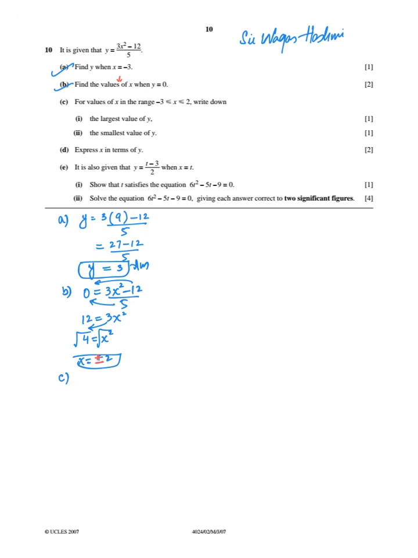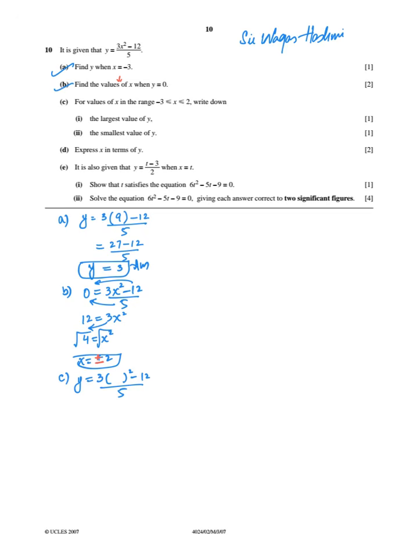For part C, for values of x in the range minus 3 till 2, write down the largest value of y. Alright, so y equals (3x square minus 12) divided by 5. So at which value of x will we get the maximum value? If we place x as minus 3, y is 3.